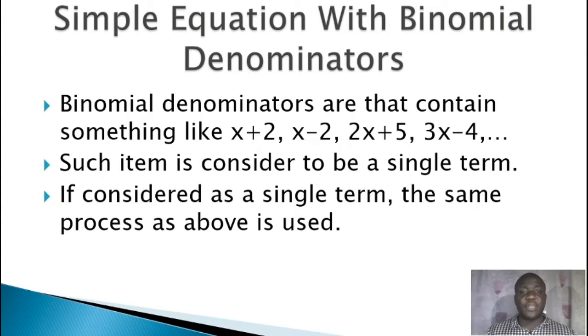When we have something like that, if you look at it very well, they have 2 terms, but because they are standing as the denominator of a variable or of a number, they become a single term. We consider it to be a single term.